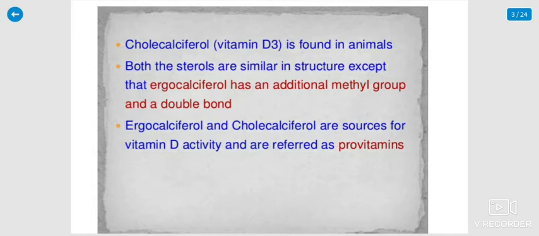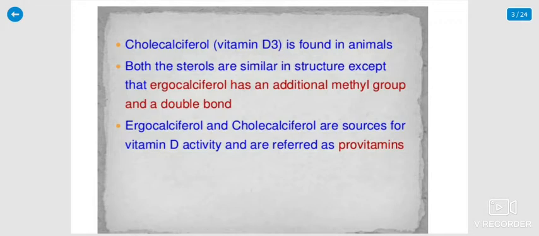Cholecalciferol, vitamin D3, is found in animals. Both sterols are similar in structure, except that ergocalciferol has an additional methyl group and a double bond.